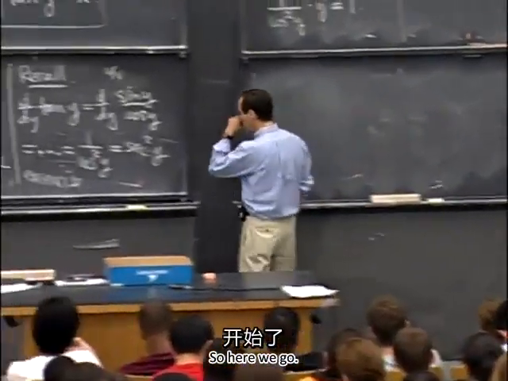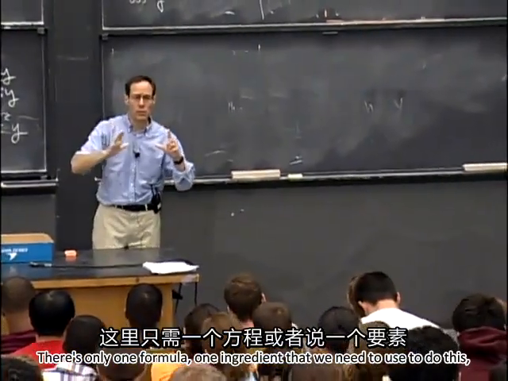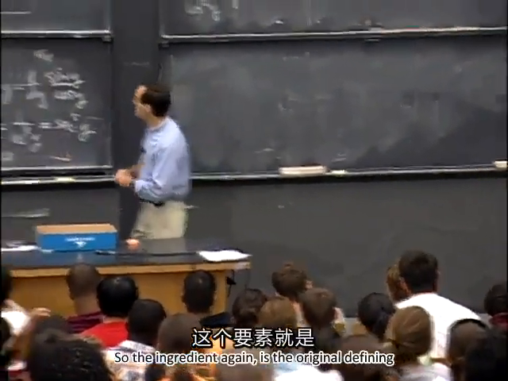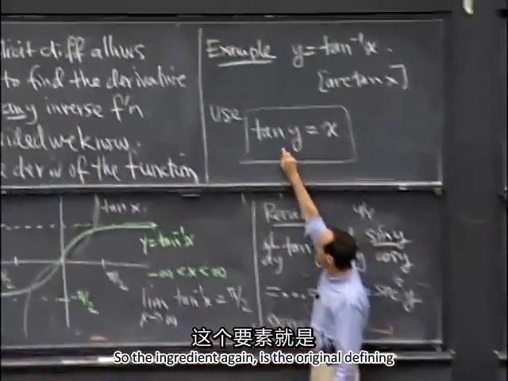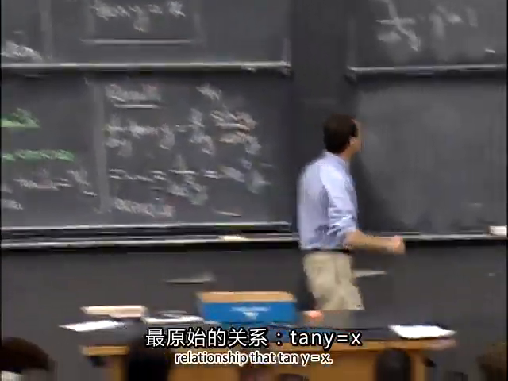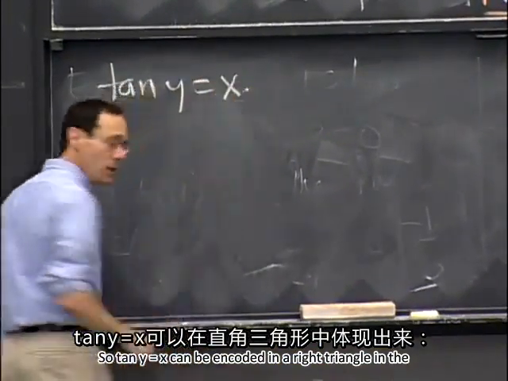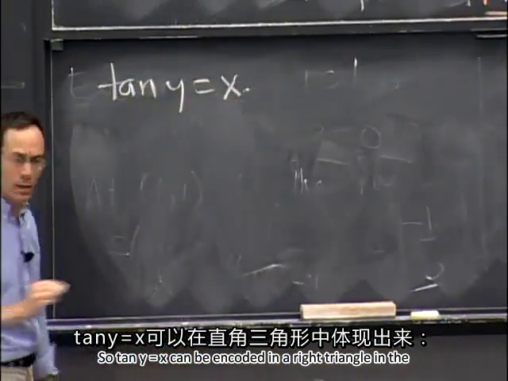So here we go. There's only one formula, one ingredient that we need to use to do this, and then we're going to draw a diagram. So the ingredient, again, is the original defining relationship that tan y is equal to x. So tan y equals x can be encoded in a right triangle in the following way.